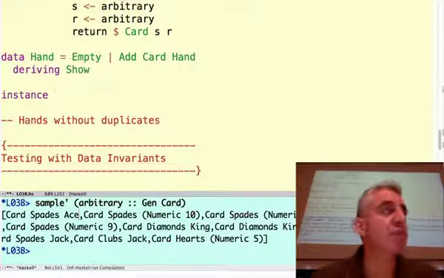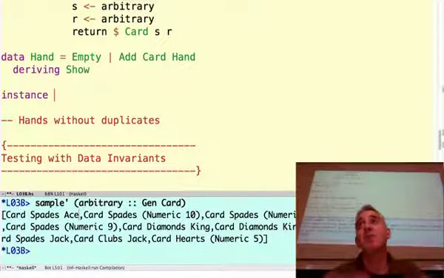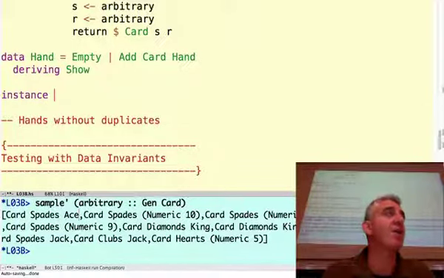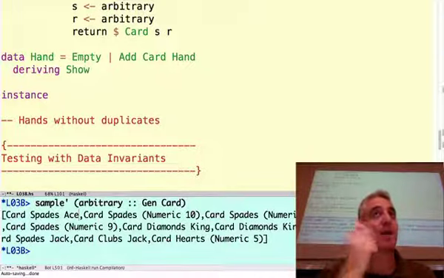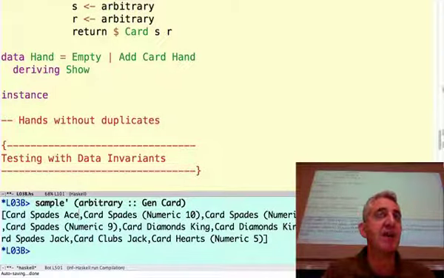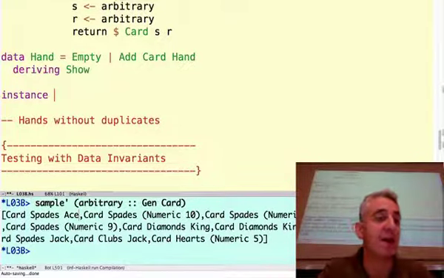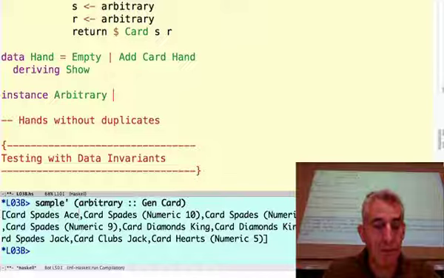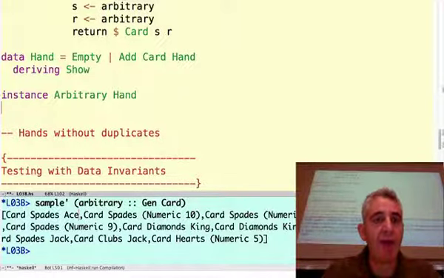So this is a case where there may not be a best choice. You may need to design a different data type according to each possible card game that you want, and define a generator for that specific data type. But anyway, let's just look at an instance of arbitrary for a hand and think about how we might do that.